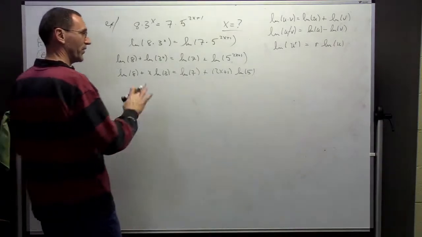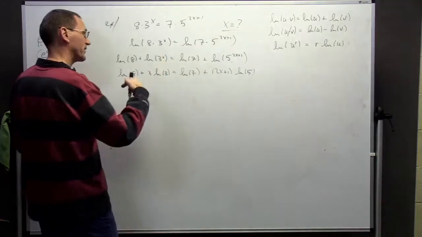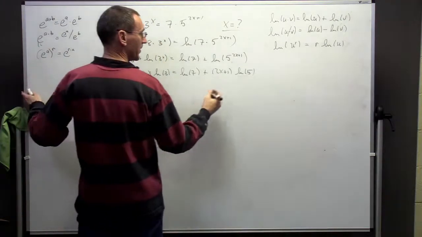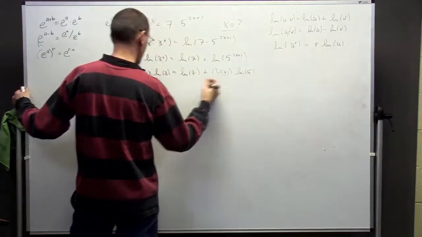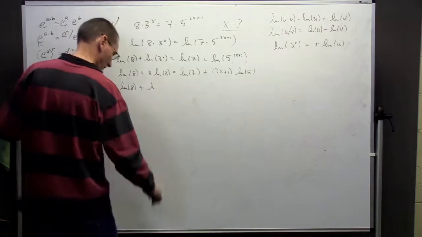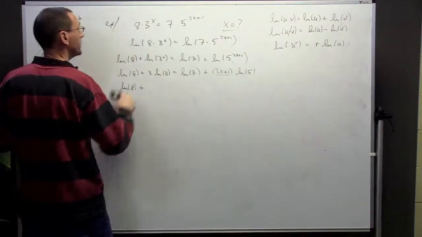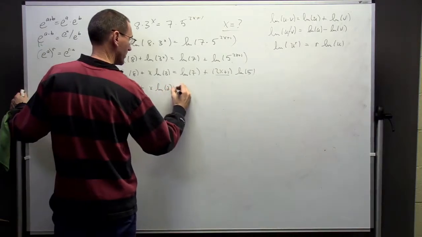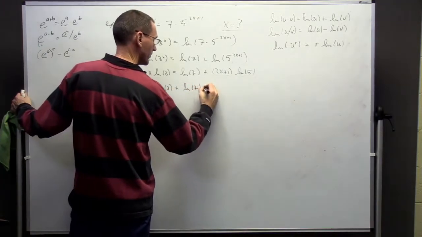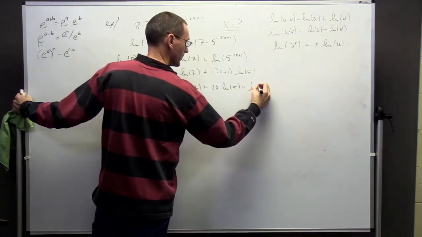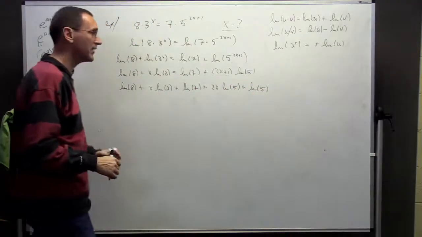So I'm going to basically put all the constants on the right-hand side, all the x's on the other, factor, and then divide and go from there. So let's see. First thing I need to do is multiply that through. So I have that.